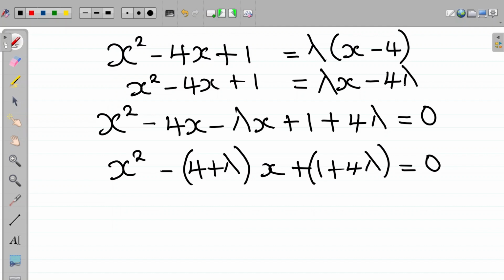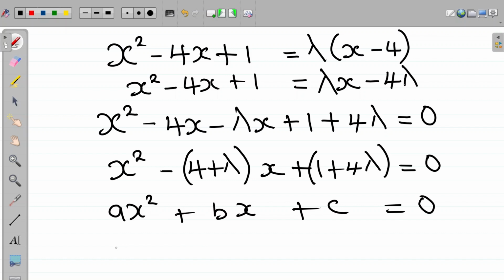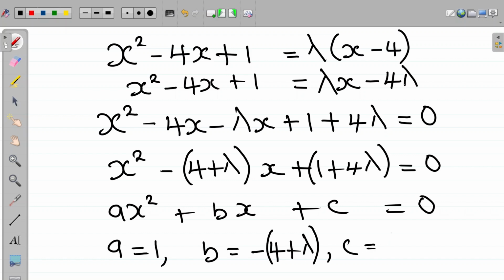Now, if we compare this with our general equation, ax squared plus bx plus c equal to 0, we have that a is equal to 1 because the coefficient of x squared is 1. b is equal to minus (4 plus lambda), and also c is equal to 1 plus 4 lambda.